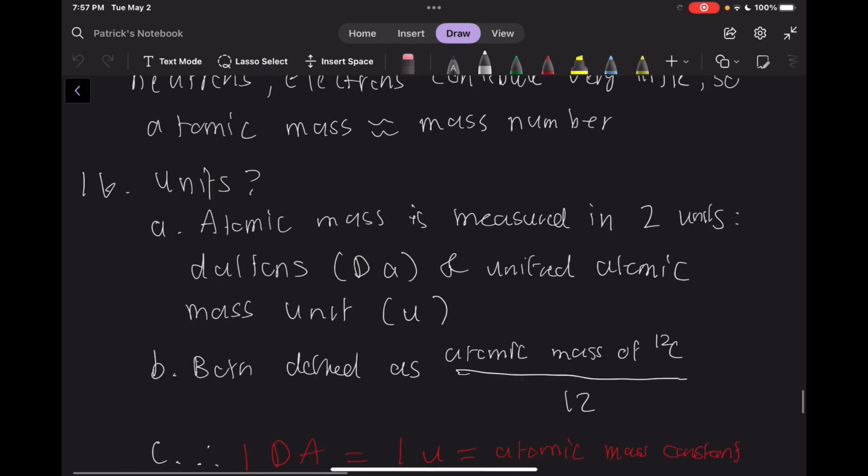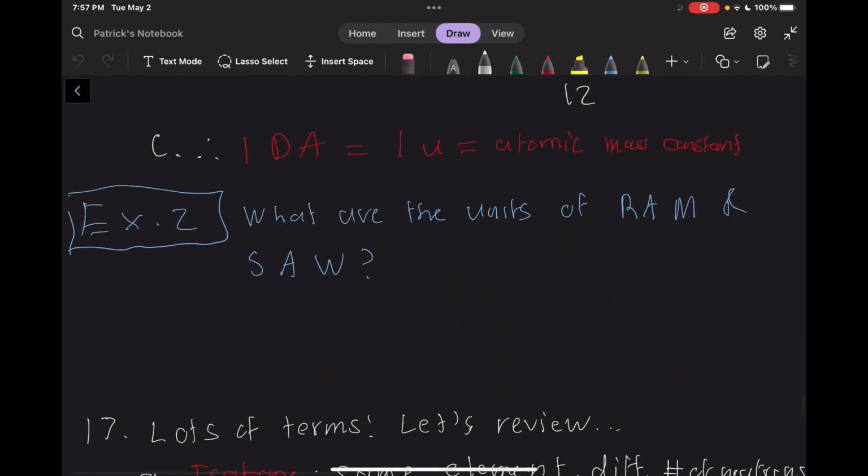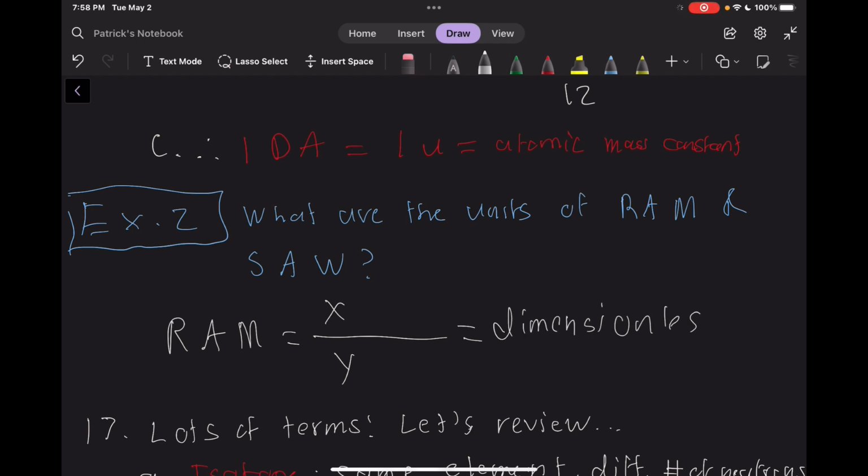This means that trying to calculate the RAM involves dividing a parameter whose units are Daltons by another parameter whose units are also Daltons. In the end, both Daltons get cancelled out, which leaves the RAM as a unitless or dimensionless parameter. In other words, there are no units of RAM and SAW.